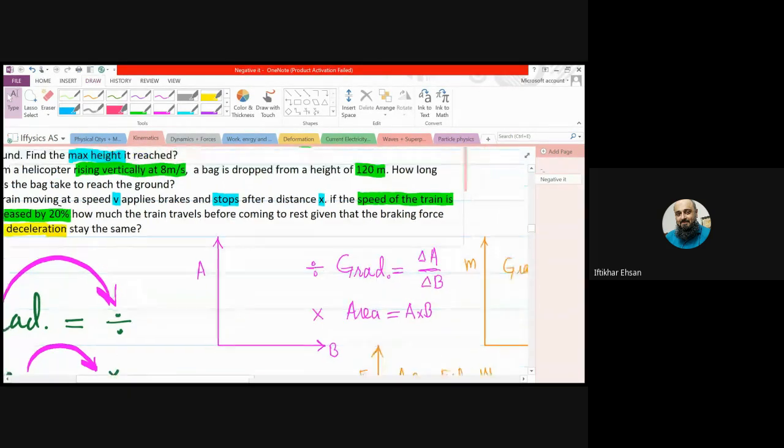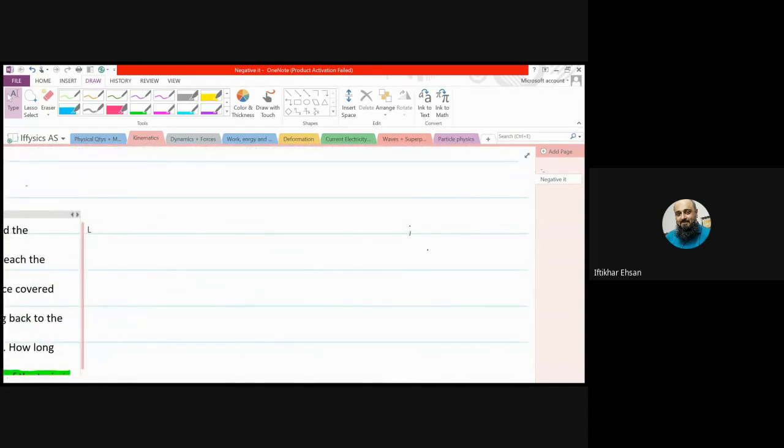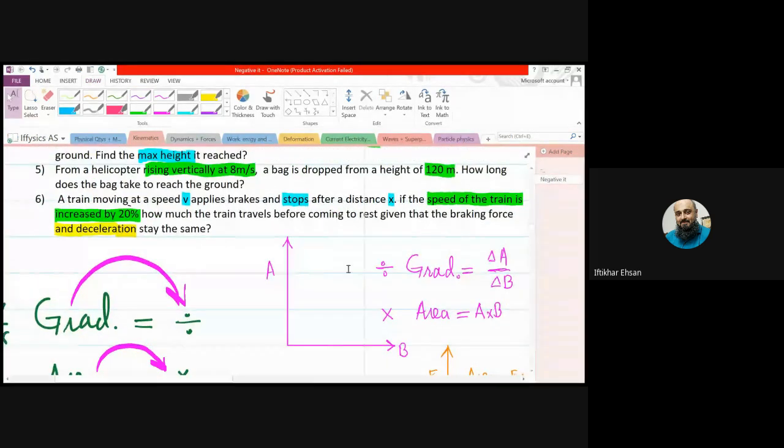So let us move on. No hint of time, so the formula we will be using will be without time. That will be the third equation of motion. The acceleration is the same and we have to find it. The distance is x. The final speed is 0 as it will stop. The initial speed now it has named as v.